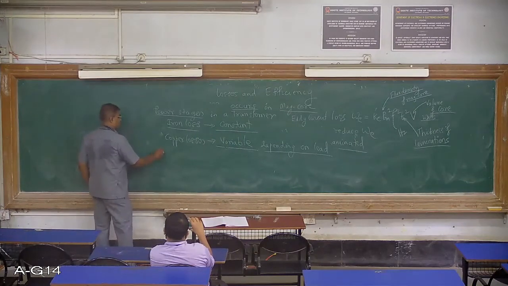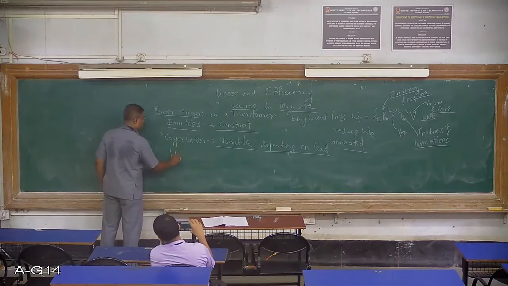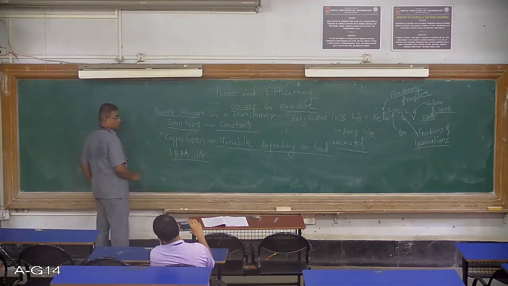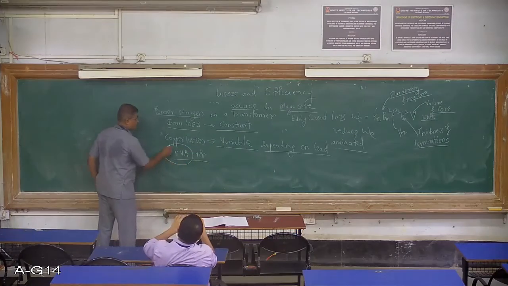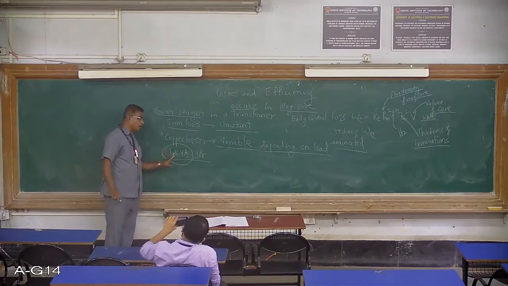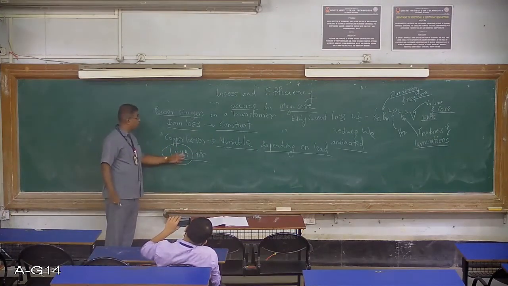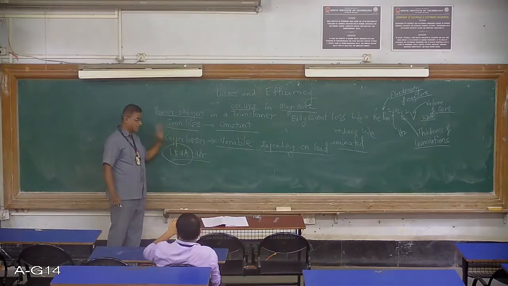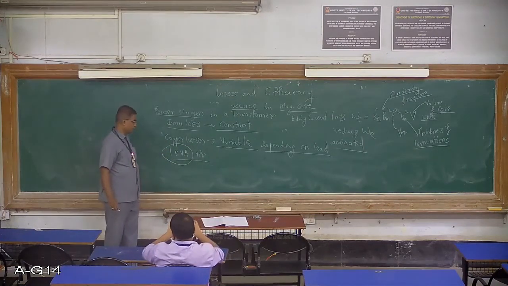If there is a transformer, say a 1 kVA transformer, its power handling capacity is 1 kVA only. We cannot derive more power than this. That is called the rated power. If we connect a load such that the transformer is delivering this much power, then we say that the transformer is fully loaded.